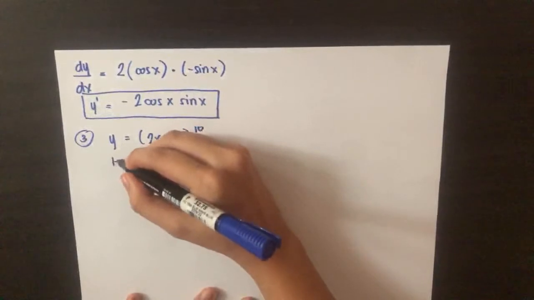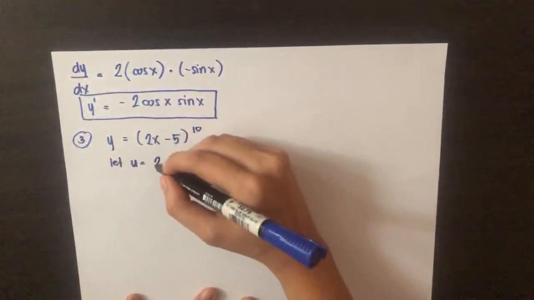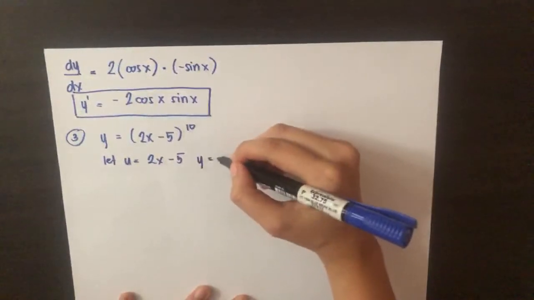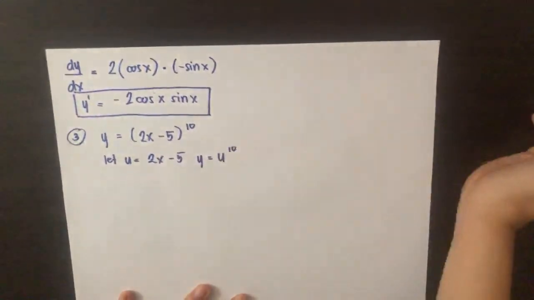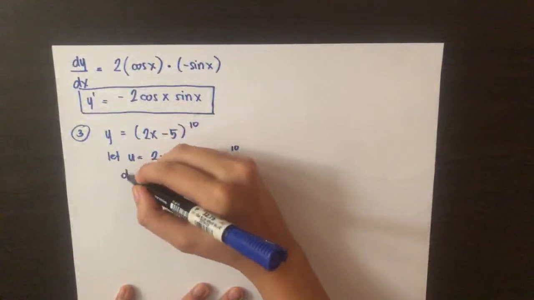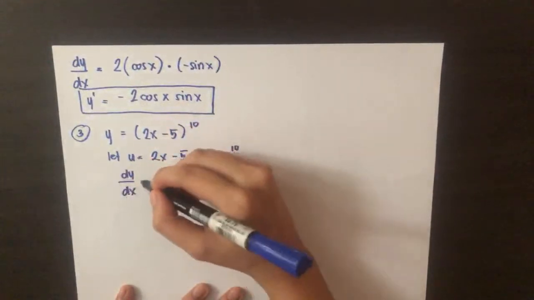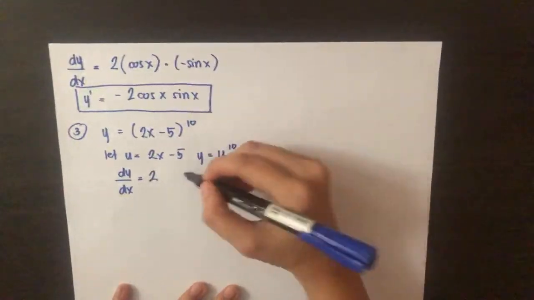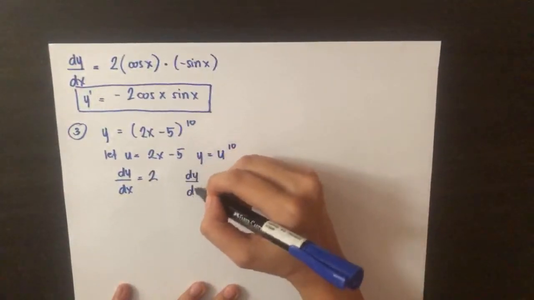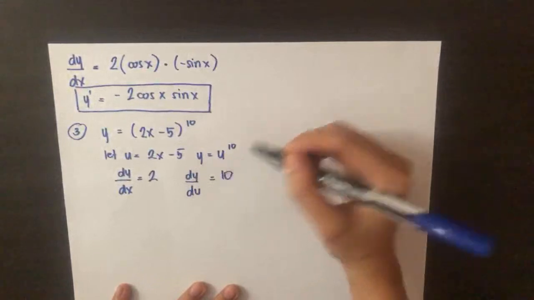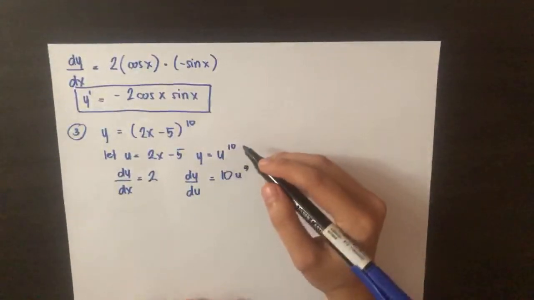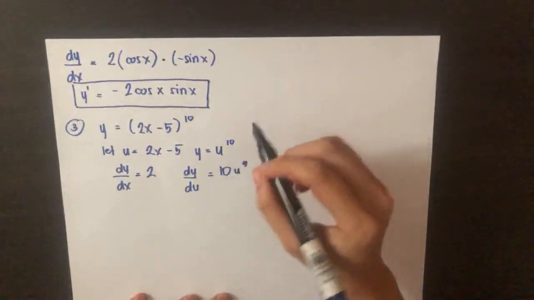So, we have u is equal to 2x minus 5 and our y is u raised to 10. So, du over dx, we have 2, and dy over du is 10 u raised to 9. Here we used the power rule that I mentioned earlier.